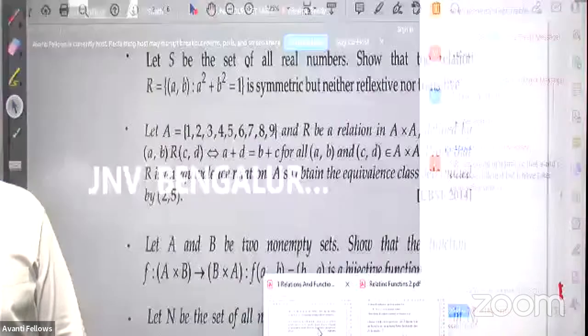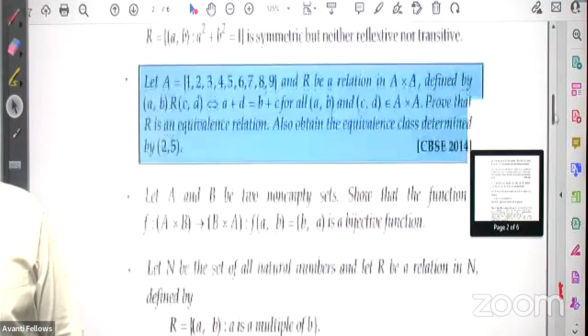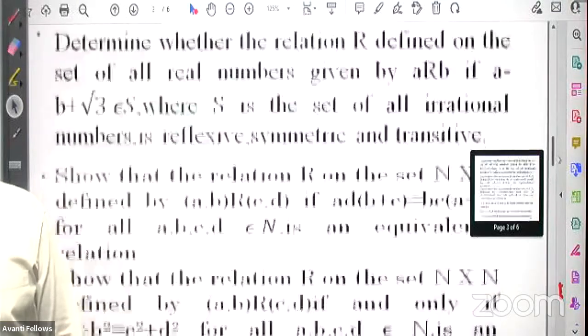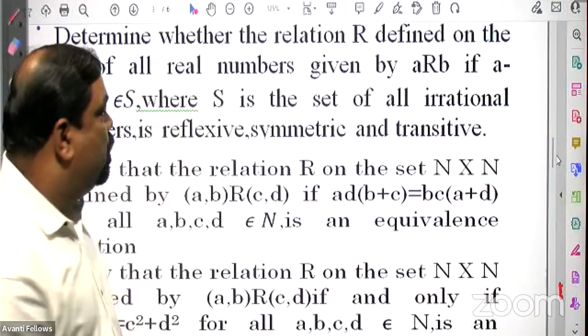Okay, so we'll move on to another question. Function we will take later. Let us do some problems from this equivalence relation only. Another example, another question.